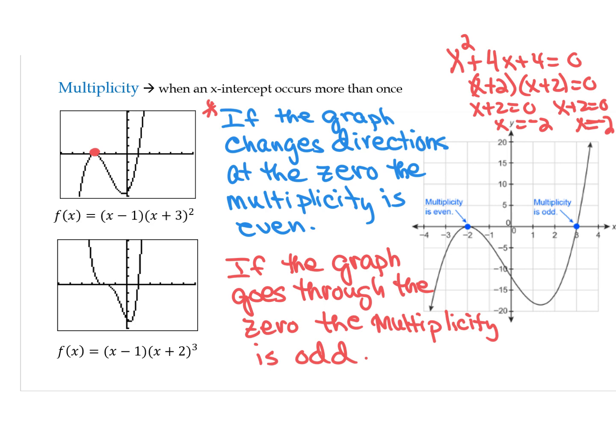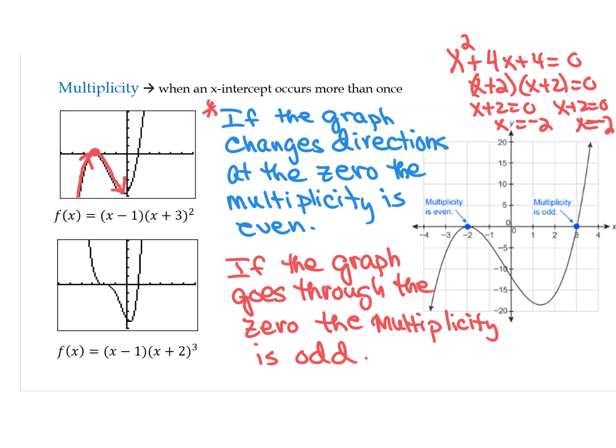When I follow the direction of the graph, it is going up to that point, and then at that point, it changes direction and goes down. So if the graph forms that little hump and it barely touches the x-axis, the multiplicity is even, which means you're going to have 2 of those, 4 of those, 6 of those, or so on.